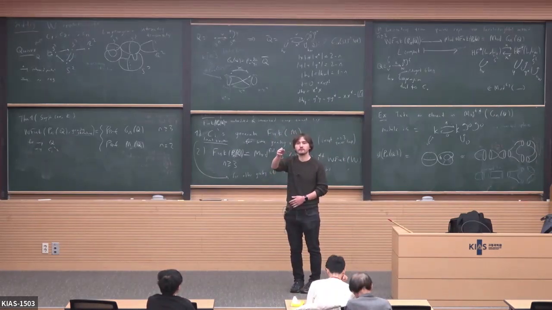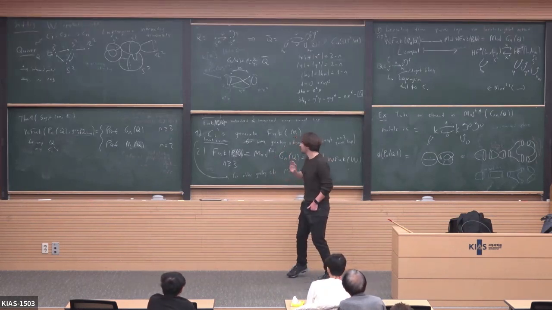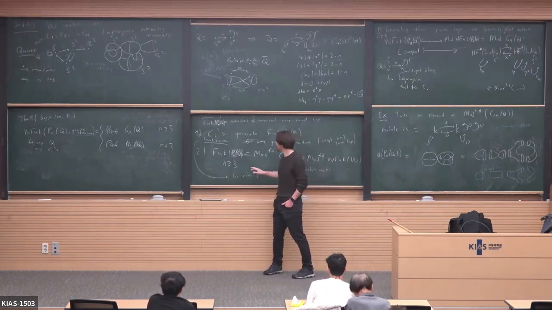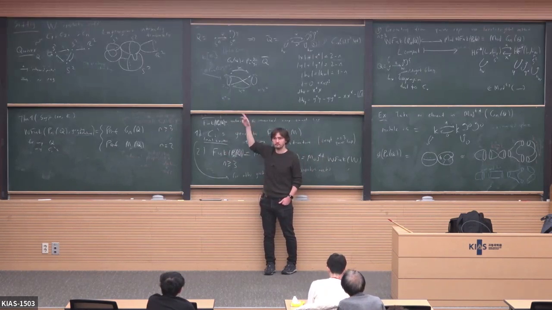Maybe Wonbo knows that stuff. Wonbo, you know? Proper Calabi-Yau. Oh, sorry, I thought I was mistaking it with cluster. Yes, this is proper Calabi-Yau, and the Fukaya category is smooth Calabi-Yau. This is proper Calabi-Yau, this is smooth Calabi-Yau. It's always like that.